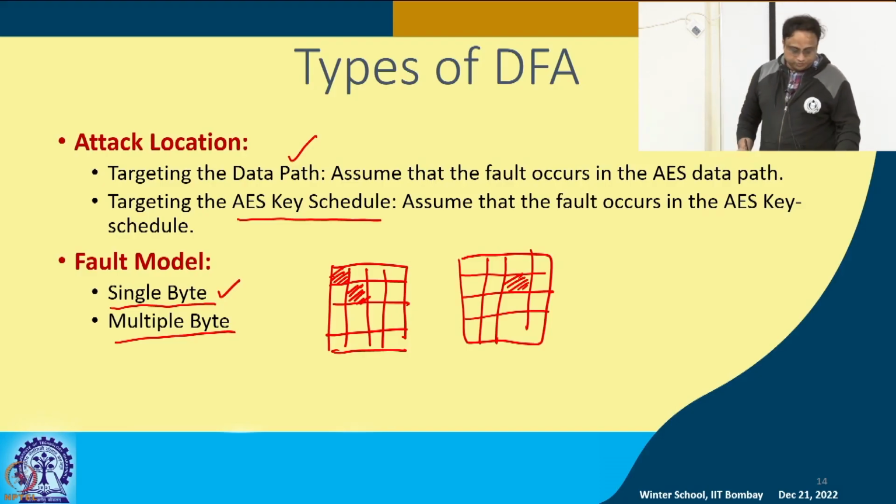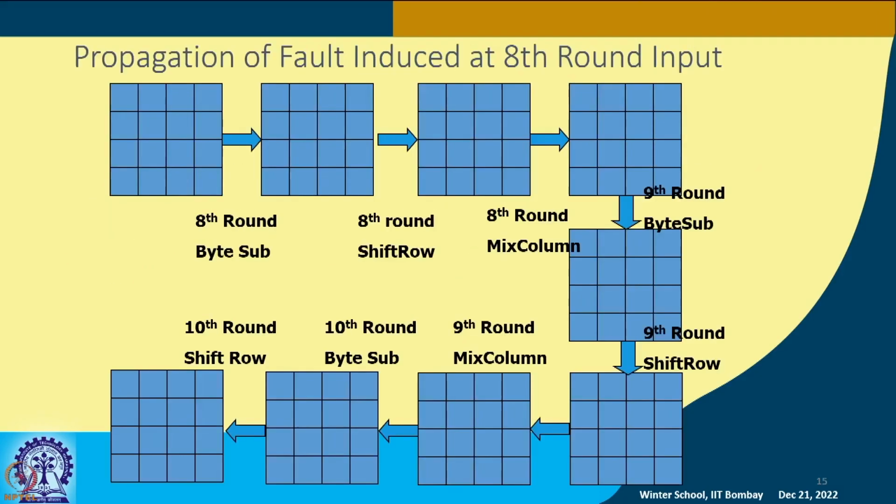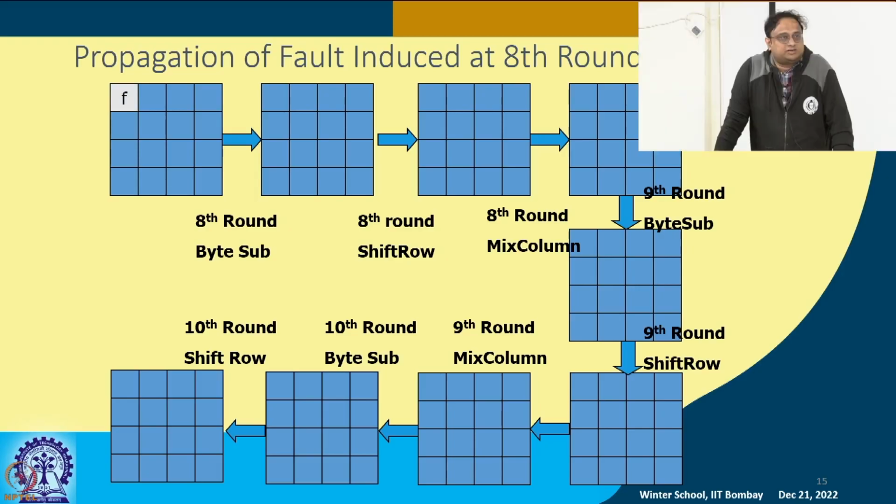Now let us see how a fault would propagate if the fault happens at the input of the 8th round of AES-128. You start with a fault corrupting any of the bytes of this state. Without loss of generality, I've just written the 0th byte, but it could be any of the bytes.